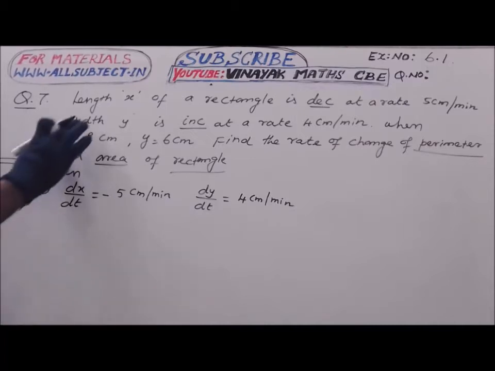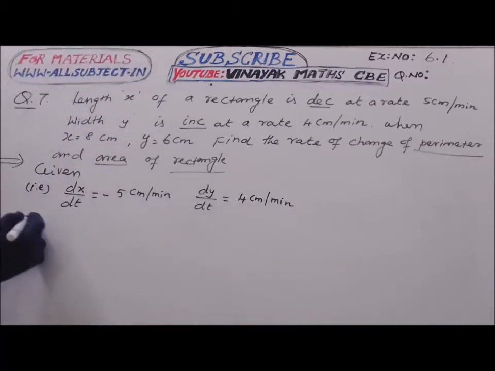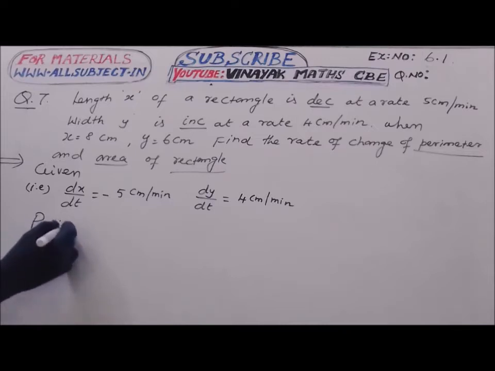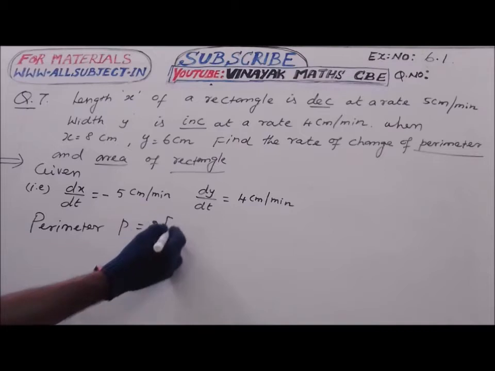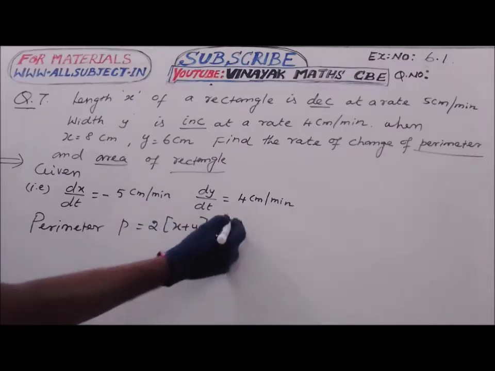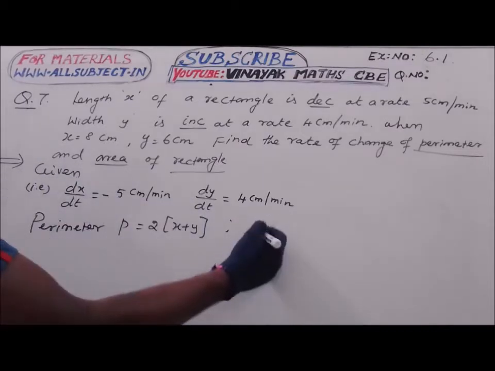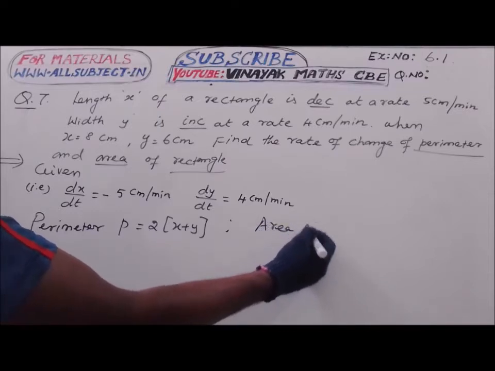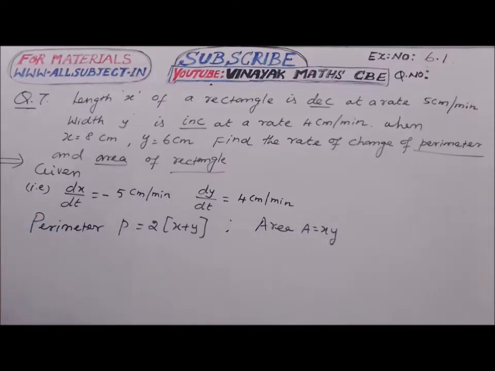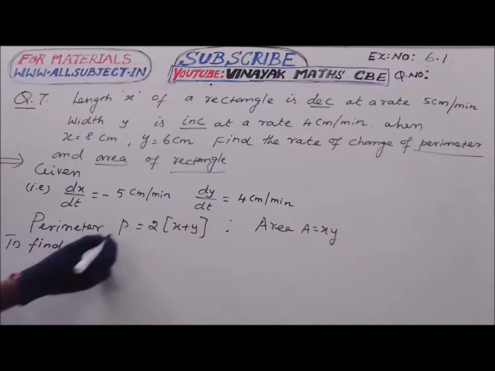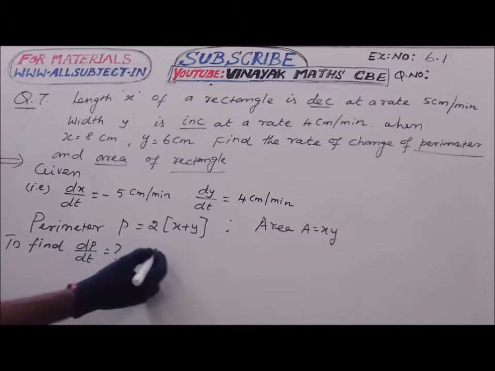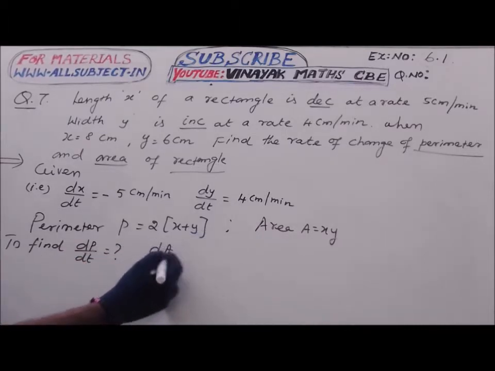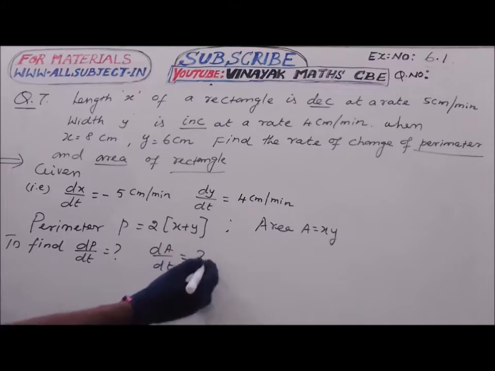Given x and y are the length and width, so perimeter P equal to 2 into x plus y, and area A equal to xy. We need to find dP by dt and dA by dt. These are the two results we need to find.